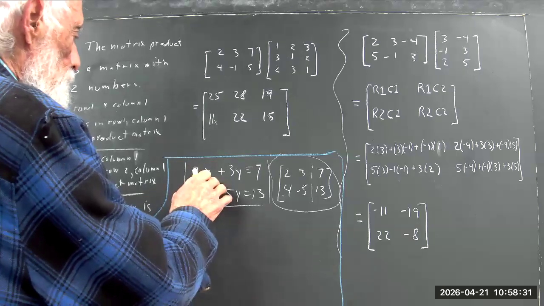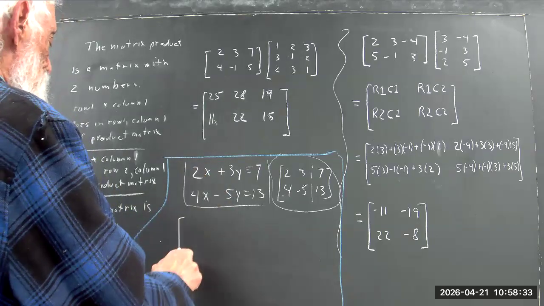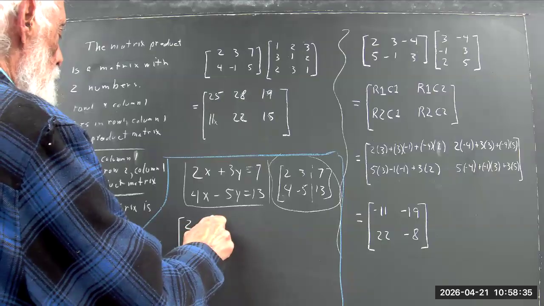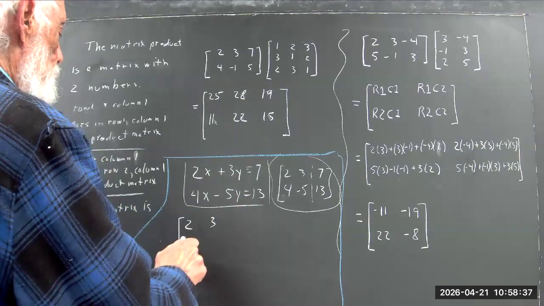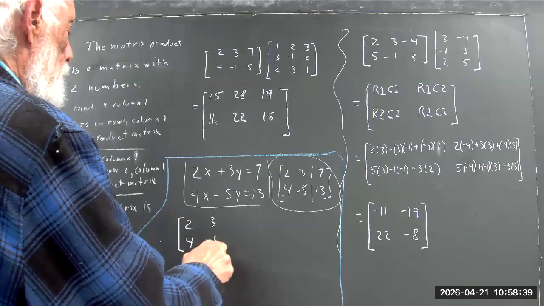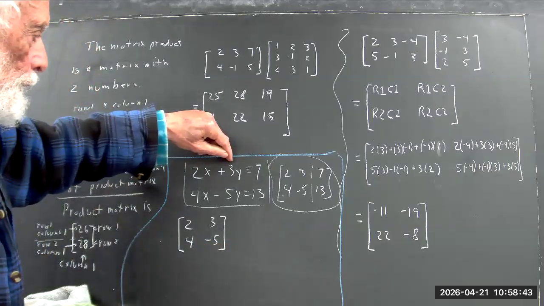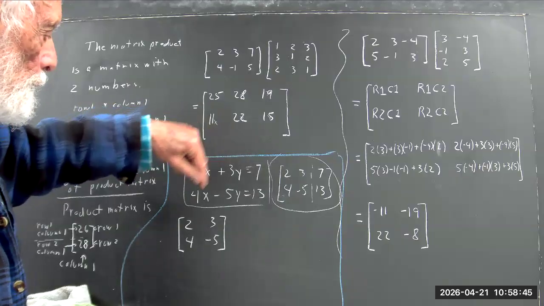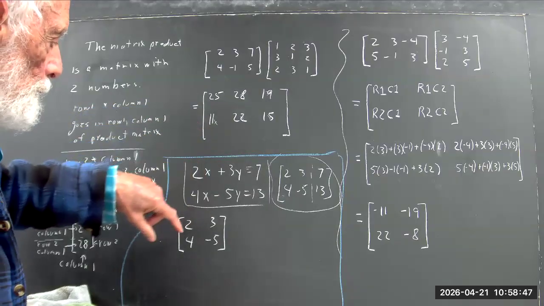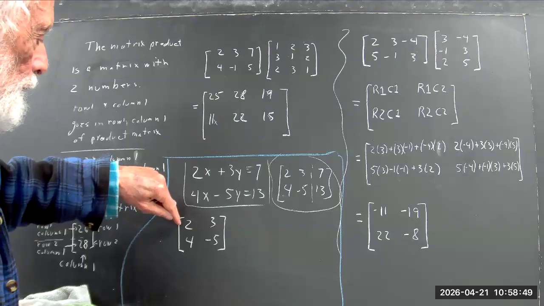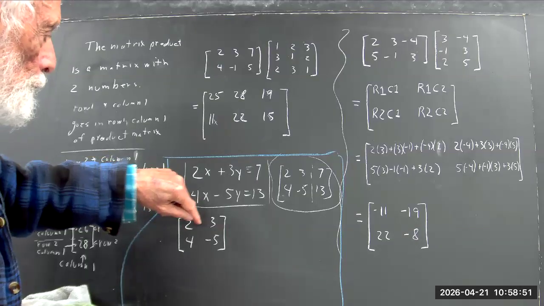We could also write this as a matrix product. Follow me here. We write the 2, 3, and the 4, negative 5 in a matrix. In other words, the coefficients of x and y in the first equation go in the first row of the matrix. So we've got a matrix with first row 2, 3.